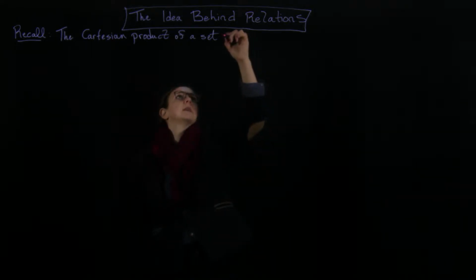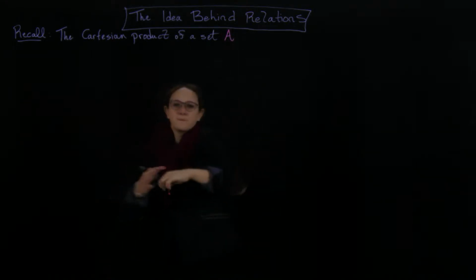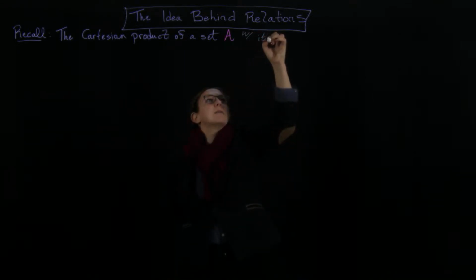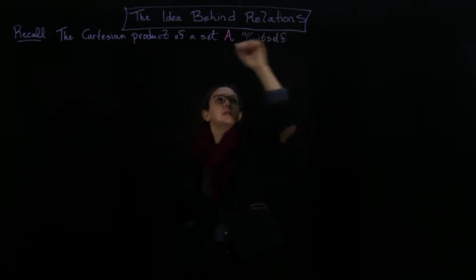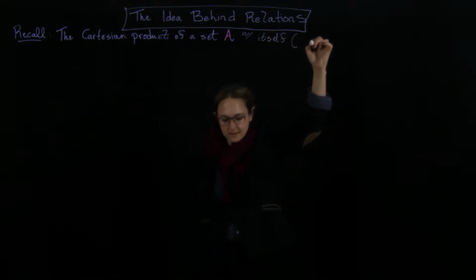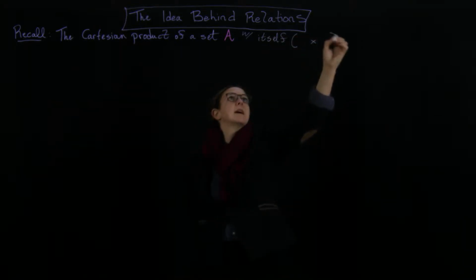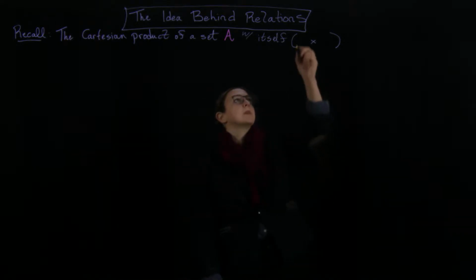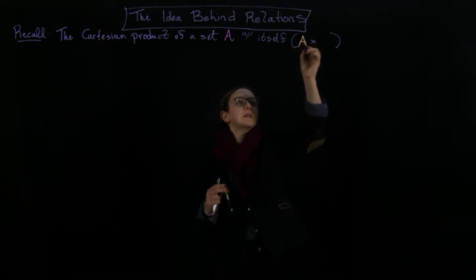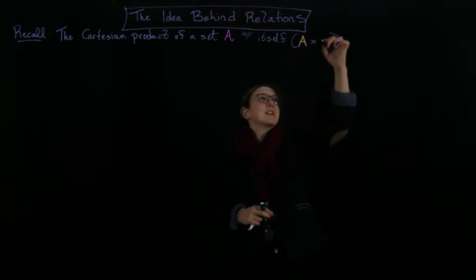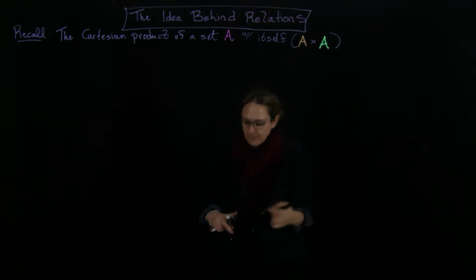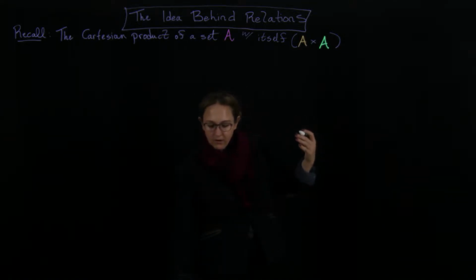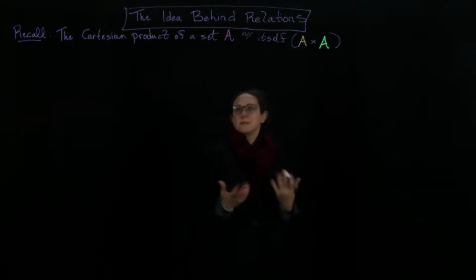We're going to do A with itself. And even though it's the same A, we're going to give different notation for the different copies of A. So we'll give the first copy orange and the second copy green. And this gives all ordered pairs of elements of A.